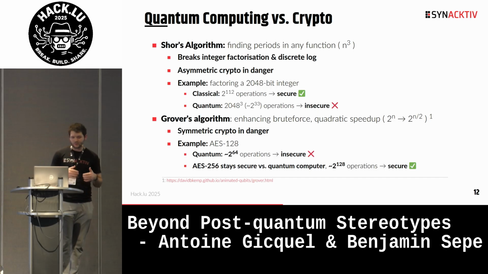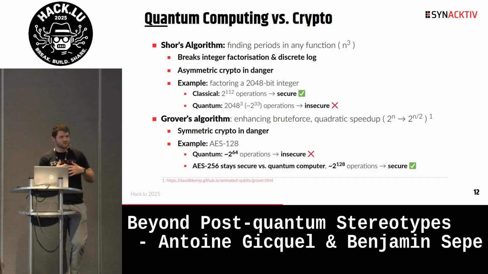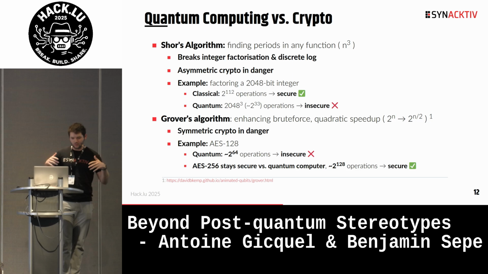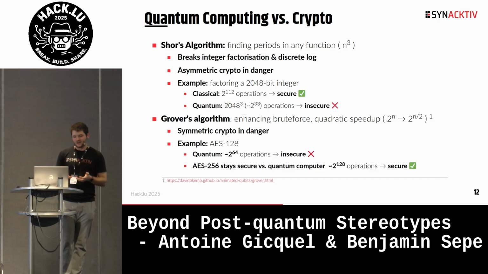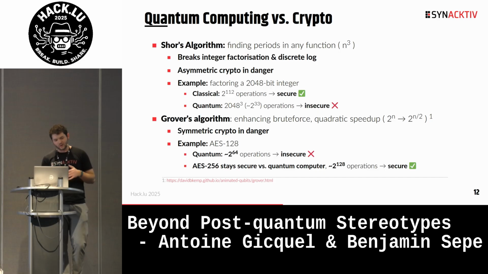The second algorithm that runs on quantum computers is called Grover's algorithm. It allows enhancing the brute force search. So instead of having to look throughout the whole 2 to the n key space, for instance, you can look at it in complexity 2 to the n over 2. So it accelerates the brute force. For instance, with AES 128, Benjamin told you earlier that the classical complexity was 2 to the 128th.